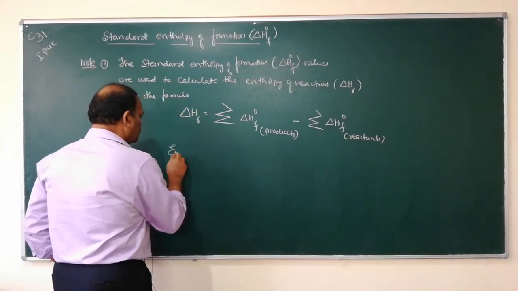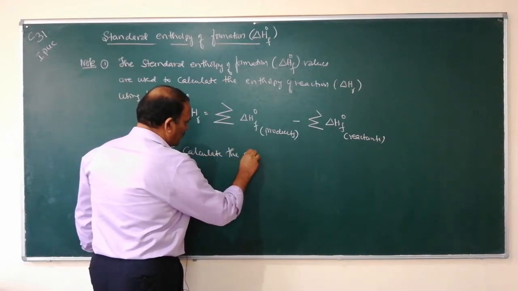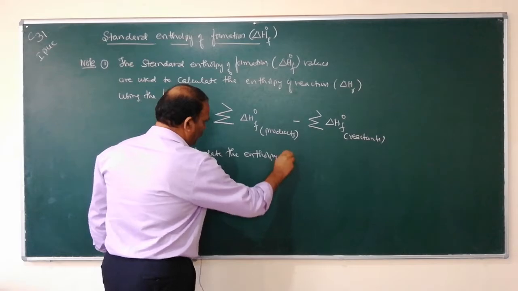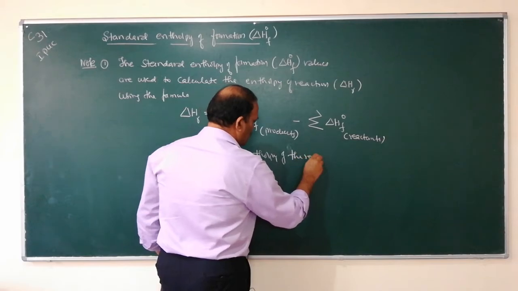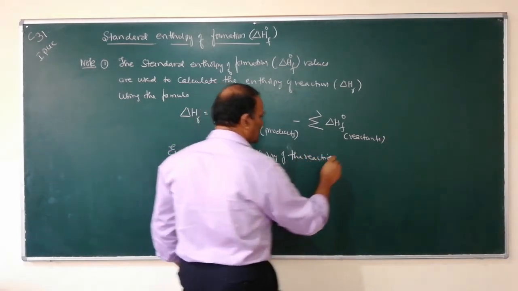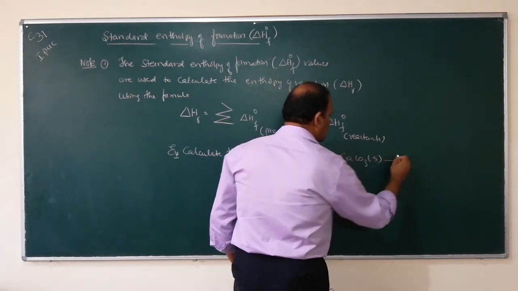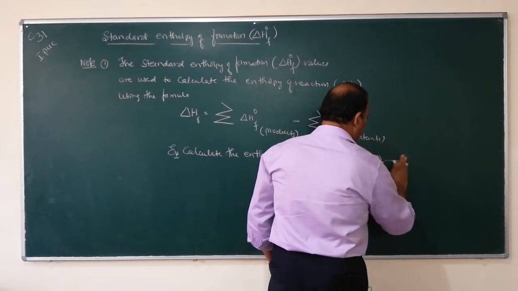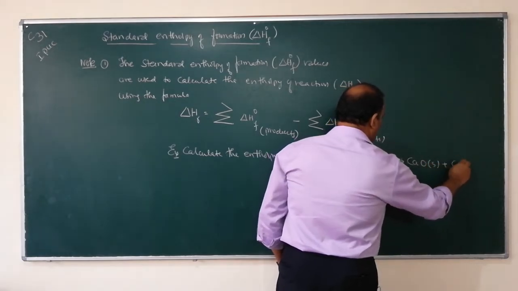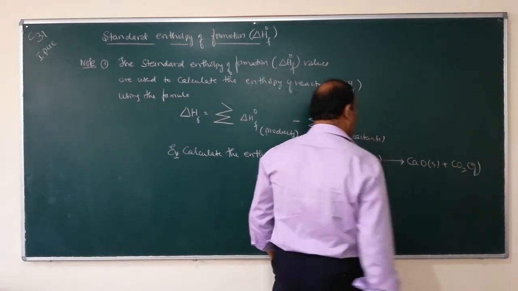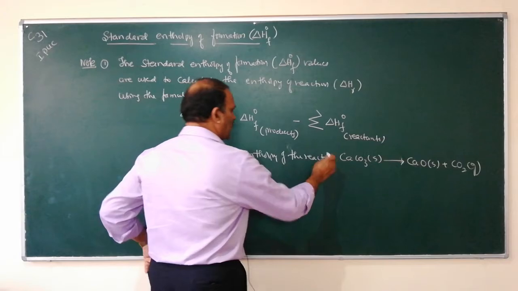For example, calculate the enthalpy of the reaction. CaCO3(s) gives CaO(s) plus CO2(g). So this is the reaction. We have to calculate the enthalpy of the reaction.